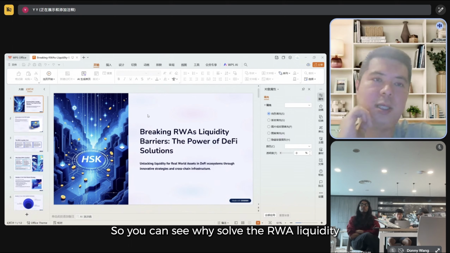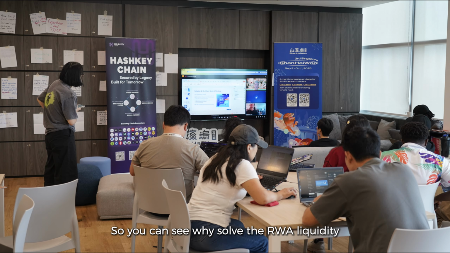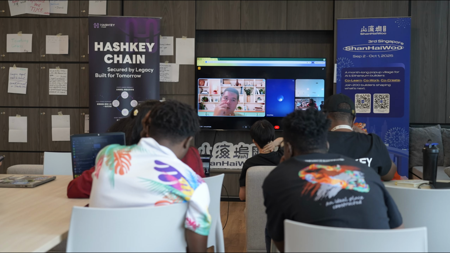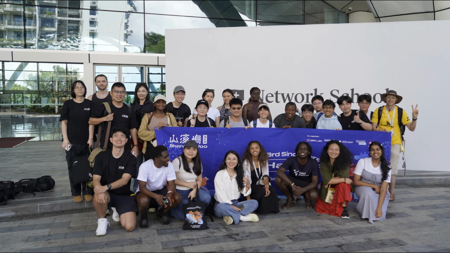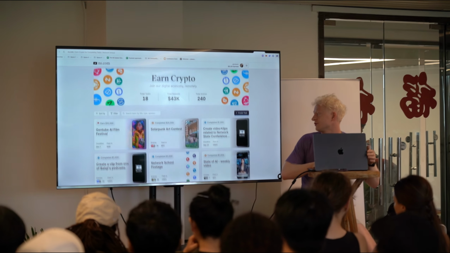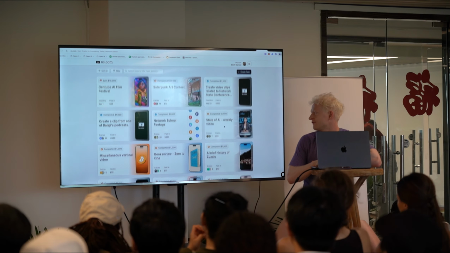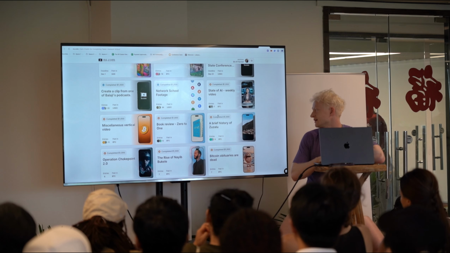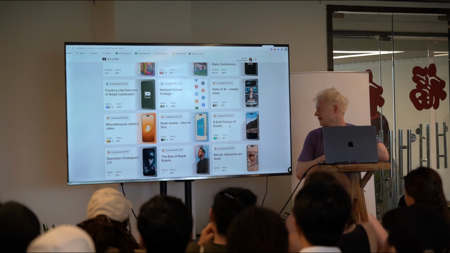So you can see once of RWA liquidity, yeah. So yeah, here's a few of the tasks that are available right now. So you'll see like 8,000 Bitcoin by writing about.